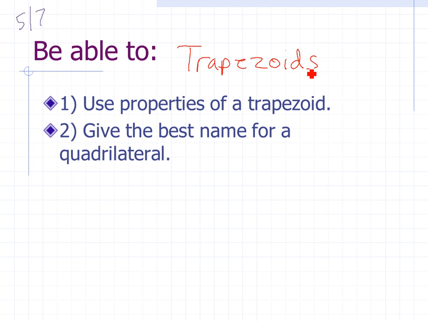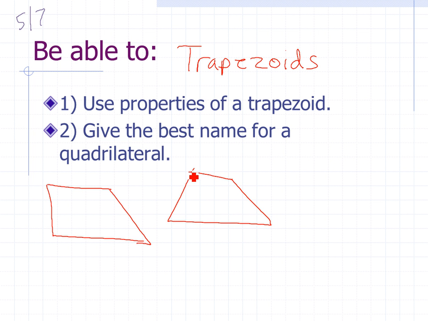Now, with my slideshow here, please make sure that you realize a trapezoid, and when we talk about the definition here in a second, we'll explain exactly what it is. But a trapezoid could look like this. Trapezoid could look like that. All that has to be true about a trapezoid is it has to have two parallel sides.